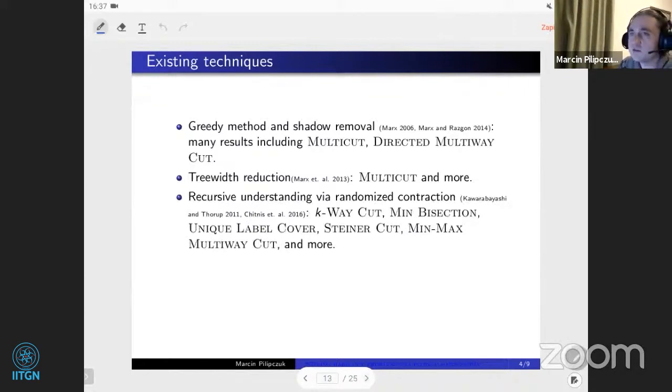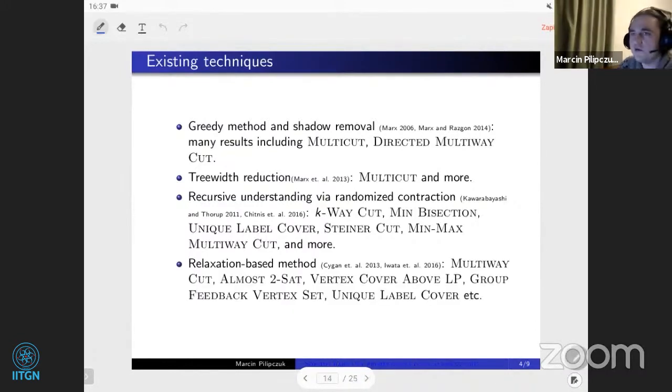This is related to something called recursive understanding and randomized contractions, which is yet another technique that will be discussed later in this course, where you can decompose the graph along small separators so that each bag of the decomposition is actually quite unbreakable. It cannot be cut with small separators, for some definition of cannot be cut. I don't want to go into this and will leave it for people who will lecture to you later in this course.